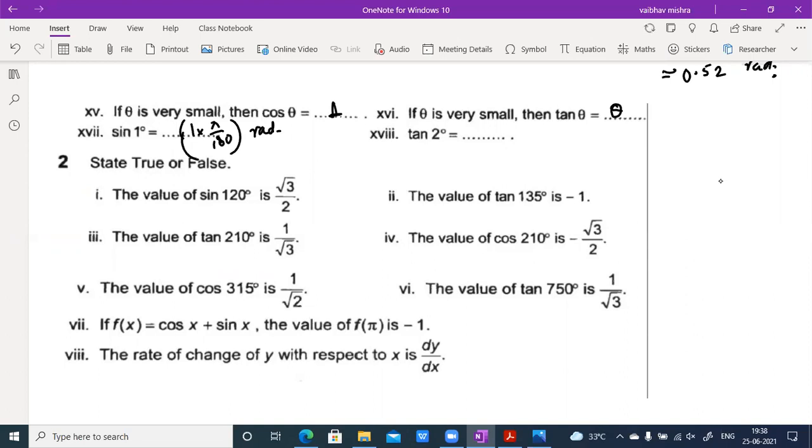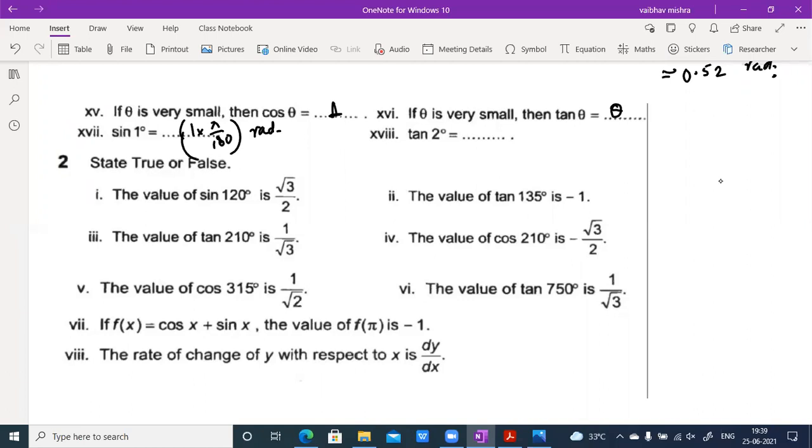Then only we can apply that approximation. So if this would have been written as sine pi by 180, it will be equal to pi by 180. Understood?